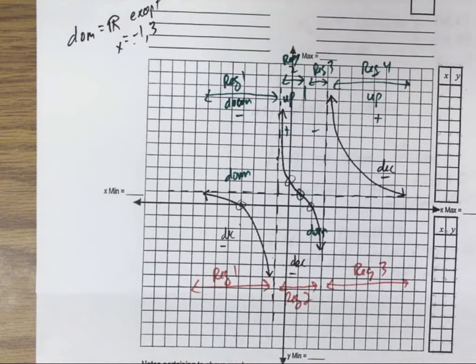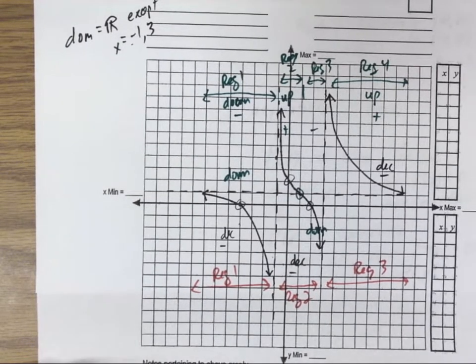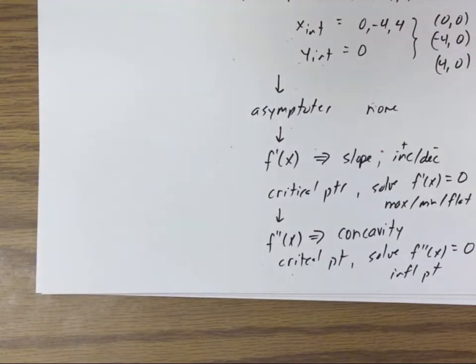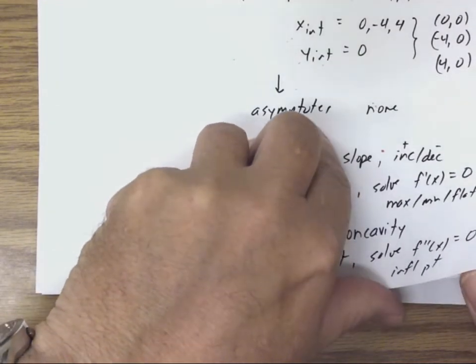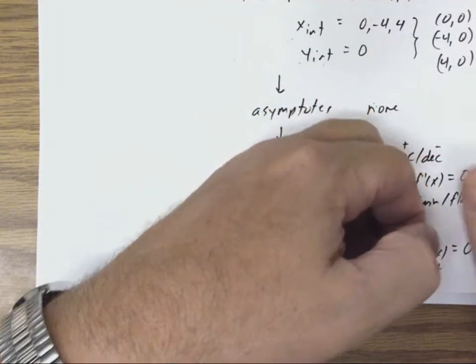All right, so that gives you a visualization, maybe graphically, of what's going on. Now we're going to actually take a function or an equation and try to figure out all the stuff we just talked about mathematically. We don't have the graph, all we have is the equation.